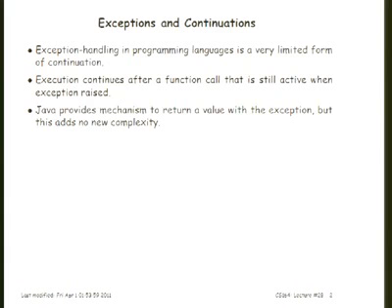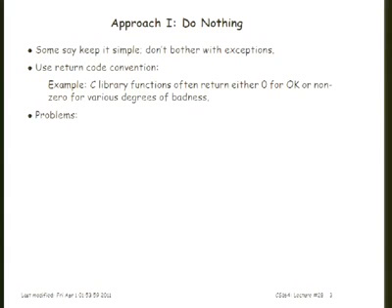All right, so what do we do? As far as language design is concerned, the first thing you can do is nothing. This is the original C approach. We don't have exceptions. Instead, you have some convention for returning an error indication as the function return. In the C library, you see a lot of this.